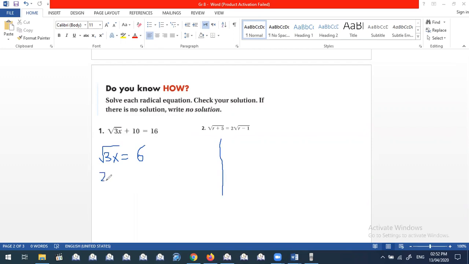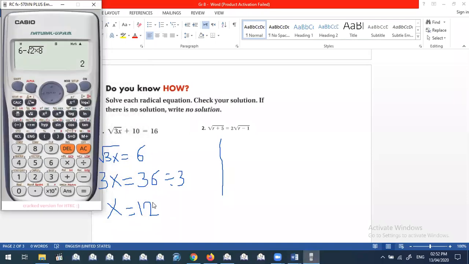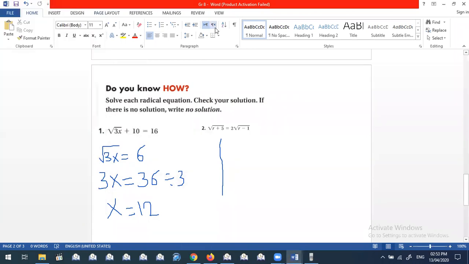So it will be 3x equals 36, divided by 3. So x equals 12. Let's check our answer by using the calculator. Put x as 12, square root of 3 times 12 plus 10. The answer is 16, and also we have 16 here, so the solution is 12.